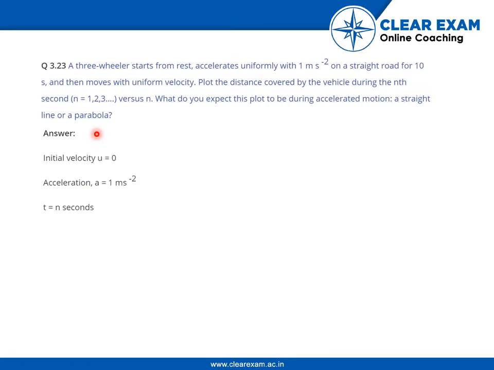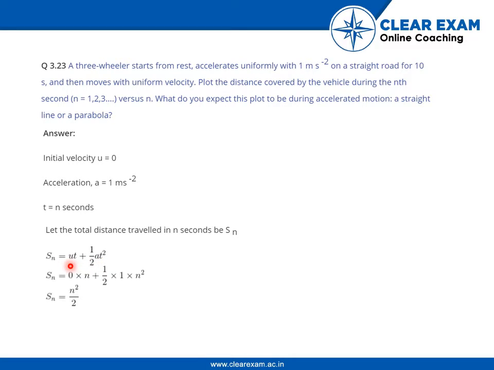So the initial velocity u is 0 as the three-wheeler starts from rest. And the acceleration is also given, which is 1 meter per second square. So in case of t equals n seconds, we can calculate the value of the distance. It is denoted by Sn, and we use the formula S equals ut plus half at square.